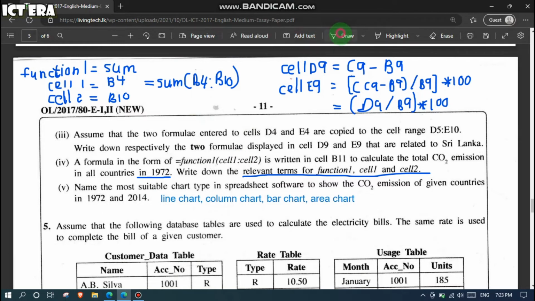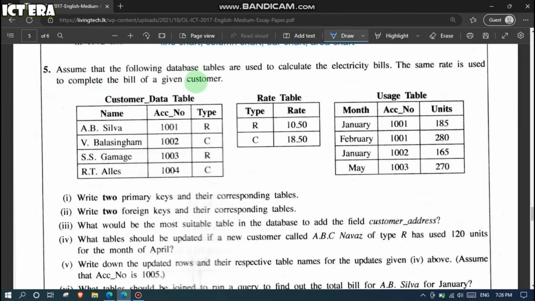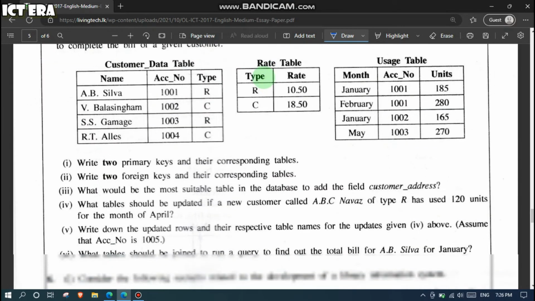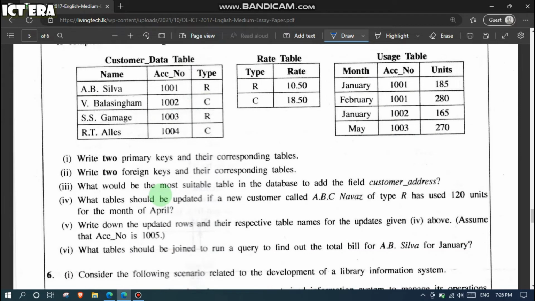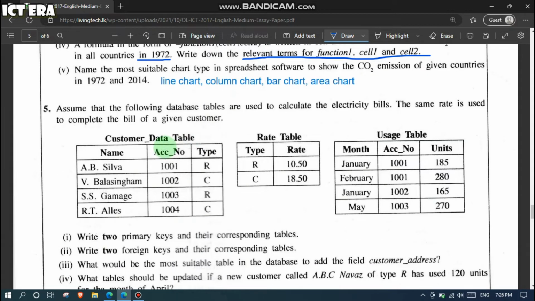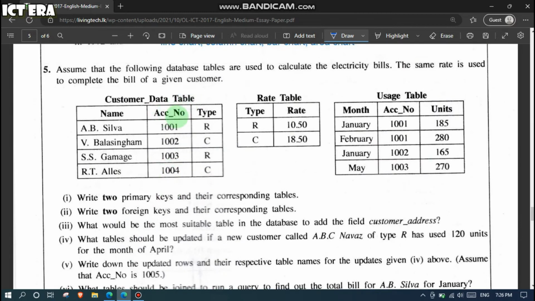Okay, then next one. Fifth one, assume that the following database tables are used to calculate the electricity bills. The same rate is used to complete the bill of a given customer. Write two primary keys and their corresponding tables. So let's find the suitable primary keys. In the customer data table name cannot be taken because there can be 1, 2 or more Silva, so Balasingham, right?